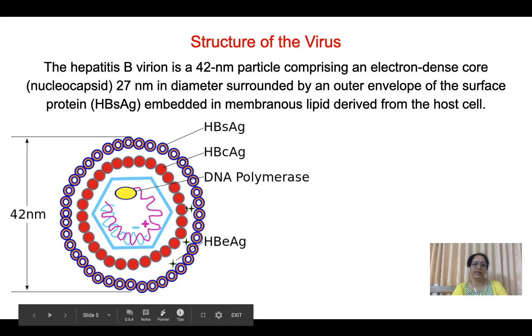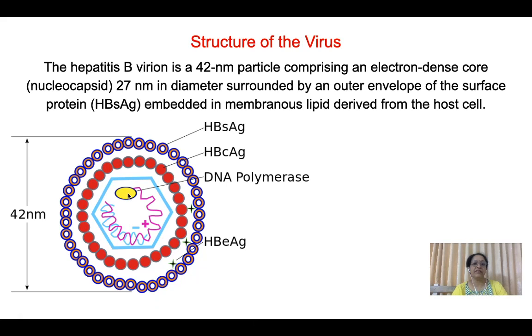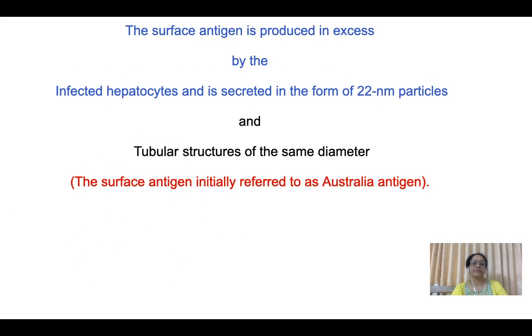Detection of HBe antigen is very important during laboratory diagnosis of hepatitis B. Third one is DNA polymerase. This one is also detected during laboratory diagnosis of these viruses in the detection methods. So this is all about the structure of the virus.